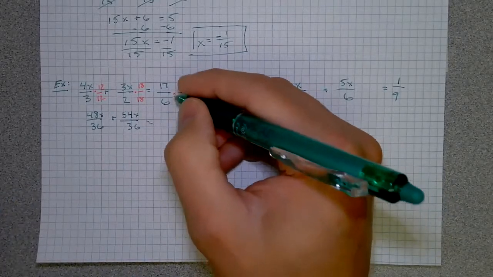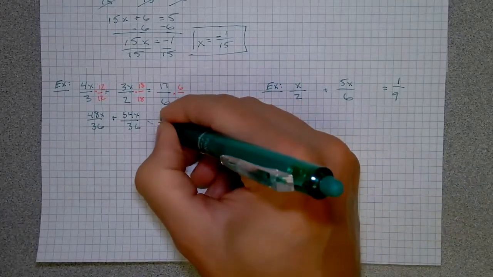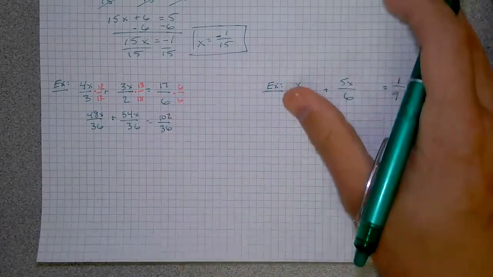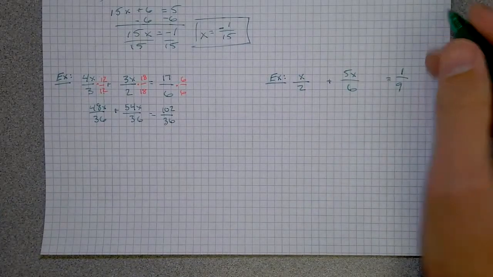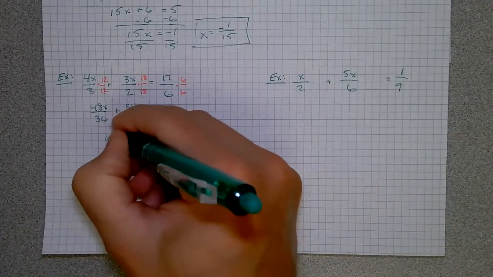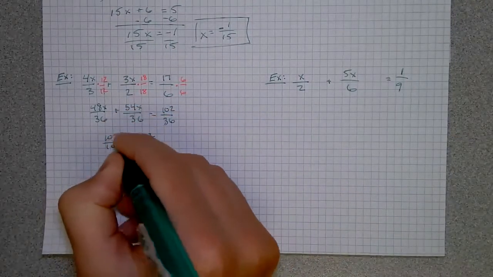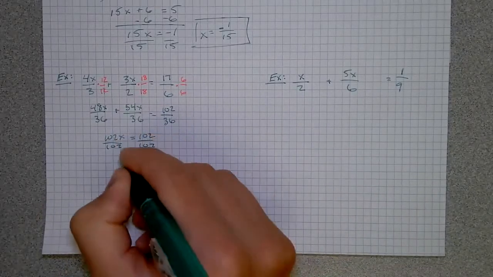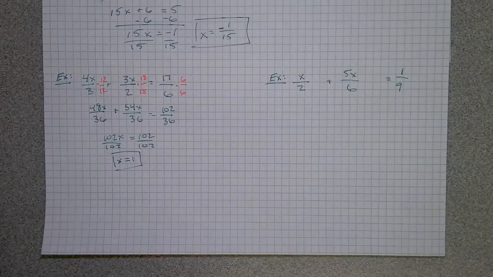And 17 times 6 is 102. So I got some bigger numbers. Again, be okay. Because 48 plus 54 is 102x equals 102. And I still should have gotten the same answer that you all got, which is 1.